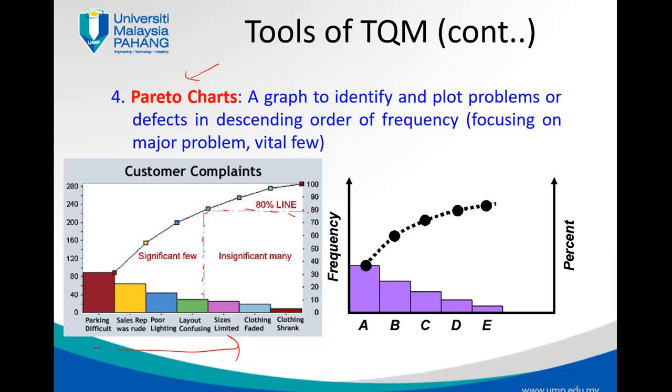Okay, so then from there we will take where the 80% of the cumulative problem happens. Okay, this line means that we need to focus on this problem to solve the overall problem.